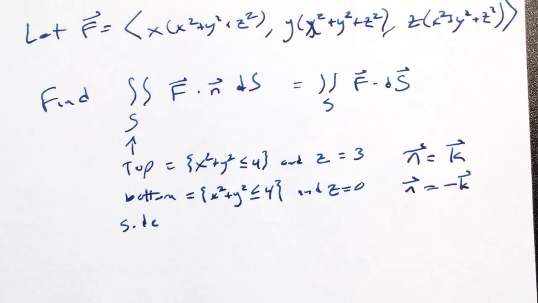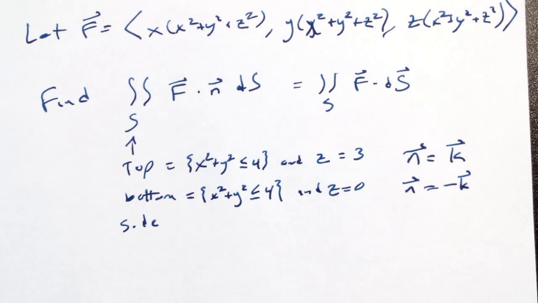It's negative because it points down. Why does it point down? Positive is going out from the volume. I'm going out. I'm at the bottom of the surface. Out is down.